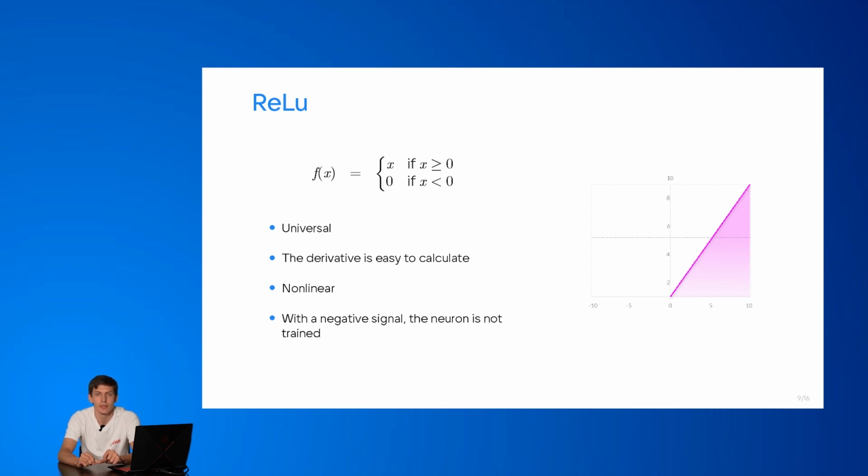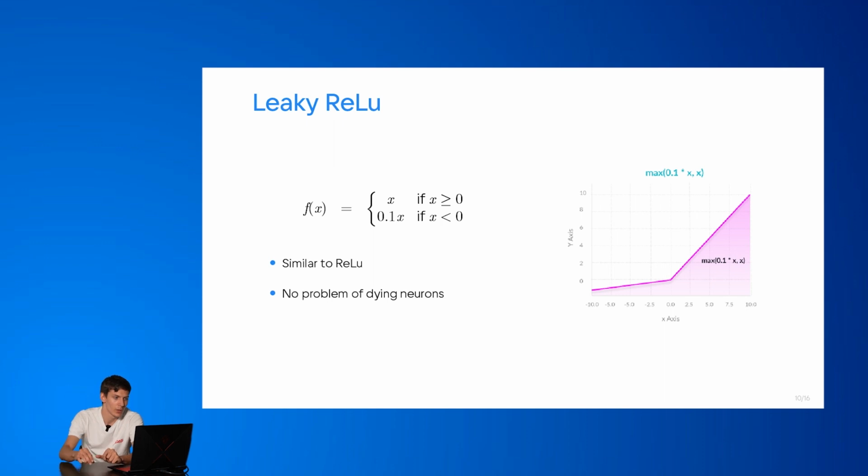So, at x bigger than 0, the derivative of this function will be a constant. In another case, it will be 0. It turns out that the derivative is simple. However, this activation function has disadvantages too. With a negative signal, neurons are not trained. That's why we will move to the leaky ReLU. That is the most suitable activation function.